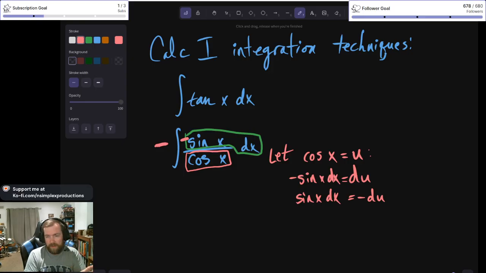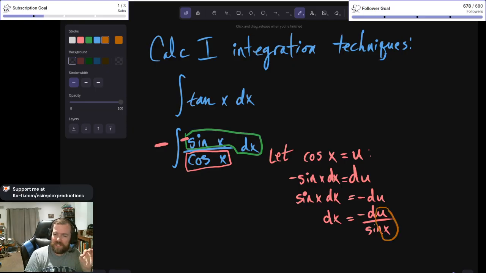Reason being, some people get in the very nasty habit of saying dx is equal to negative du over sine of x. And this makes me go a little bit frothy at the mouth. You are mixing variables.